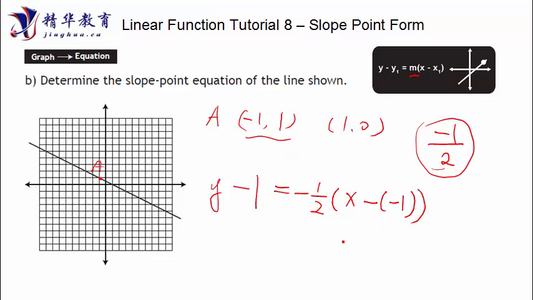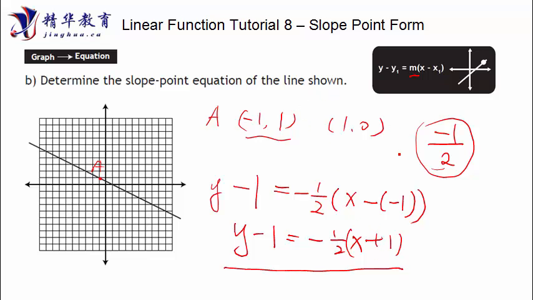Let's see. y minus 1 equals negative half times the bracket x plus 1. That is our slope point form, based on the graph.